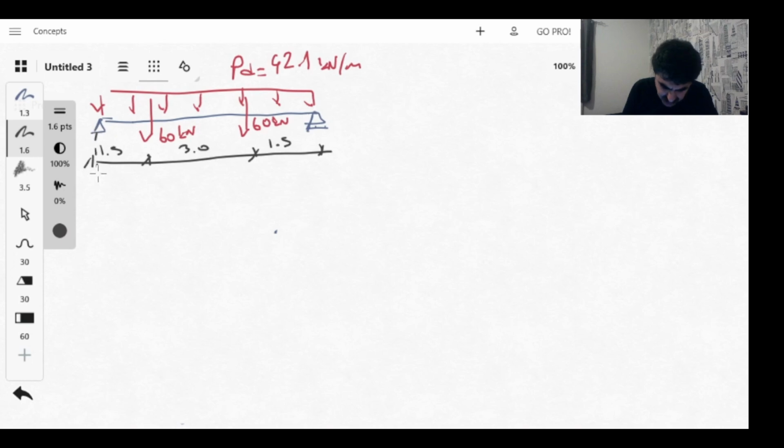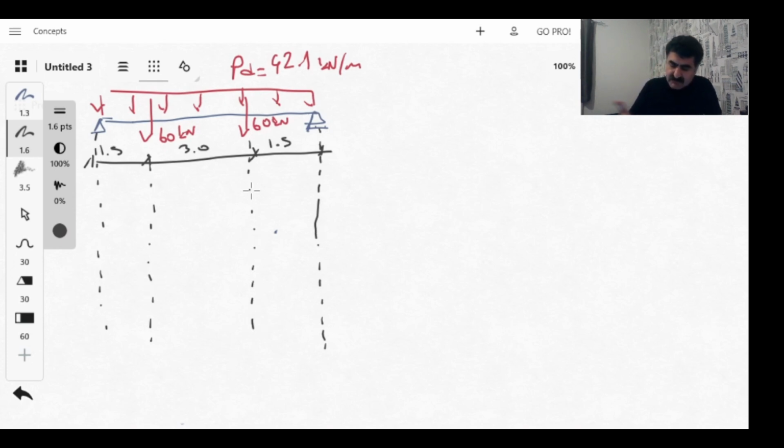Okay, now I have critical points. Those are the supports, and this is the support section. And then I have point loads. At point loads the forces will change, so I can calculate these points. If I calculate the value of moment at this point, then of course in between I can project it as well.